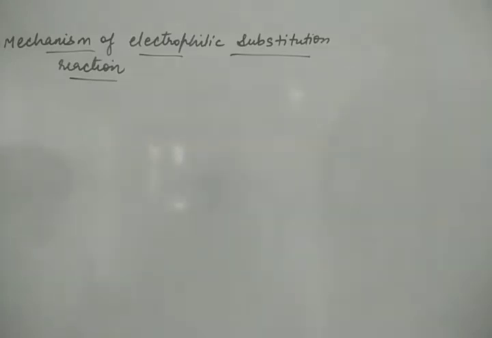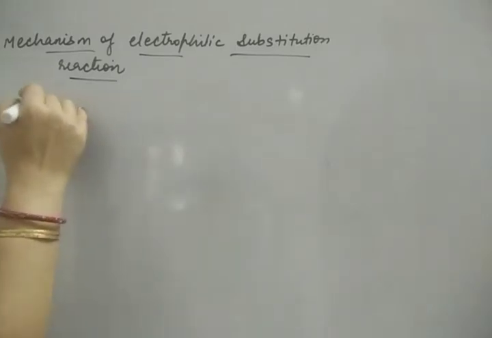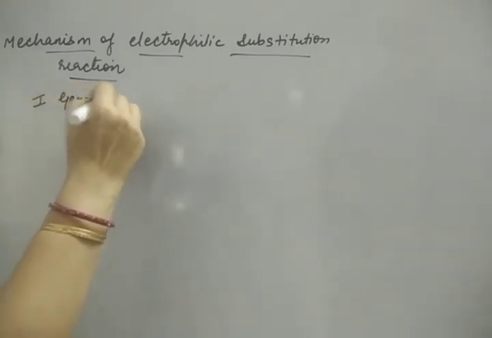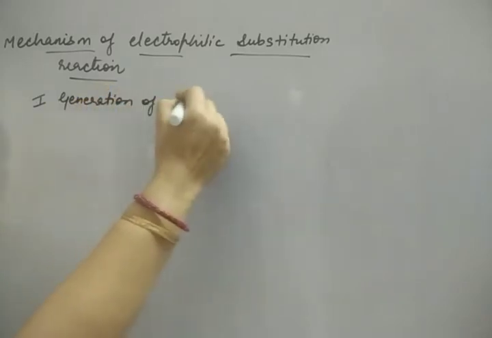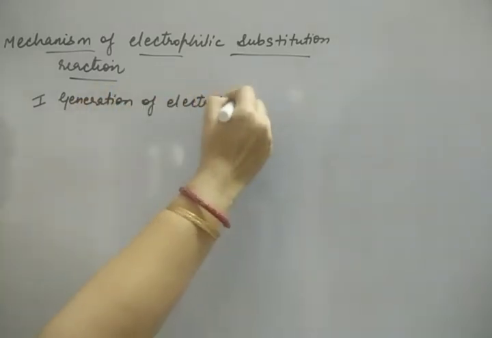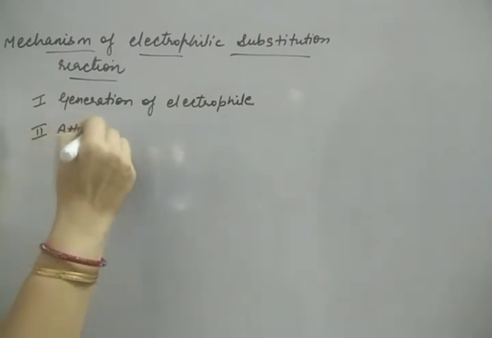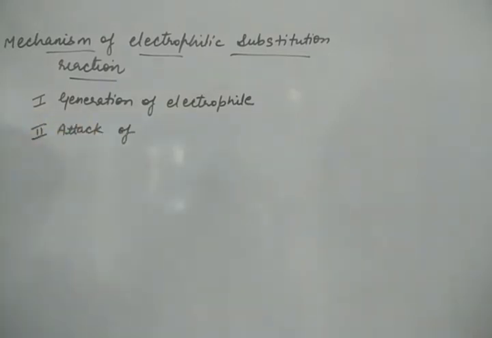So now we'll discuss the mechanism. This mechanism occurs in three steps. The first step is generation of electrophile. The second step is attack of electrophile. Now electrophile is generated.